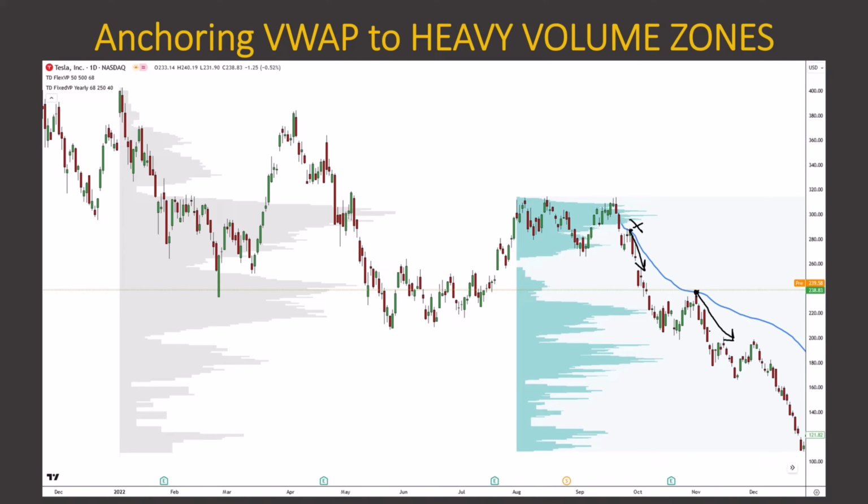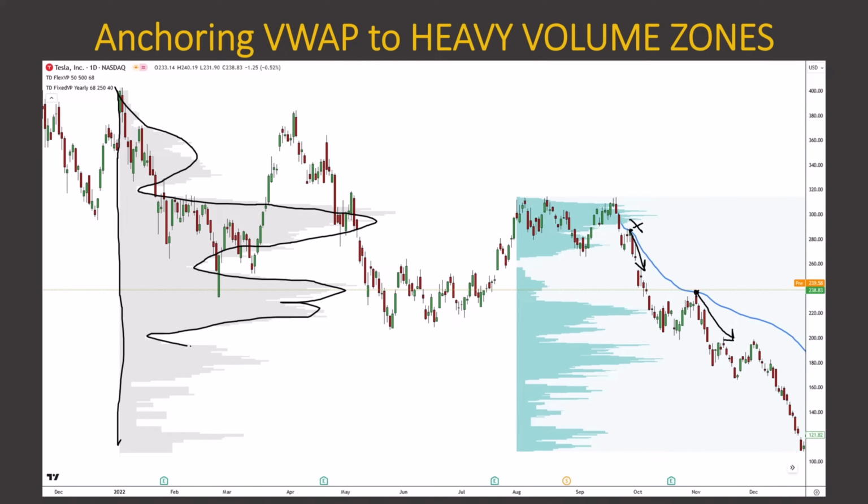Now I want you to notice one thing here. Let's take a look at this gray profile on the left. That's a yearly profile that shows volume distribution over the whole year. Take a look at this heavy volume zone, where it is. Right here.